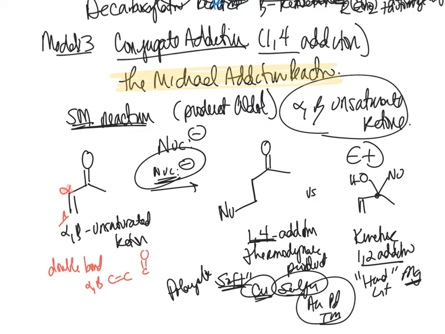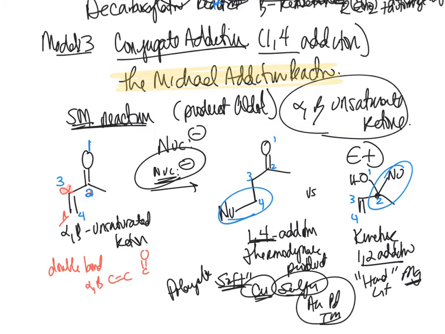The atoms involved in conjugate addition are numbered 1 through 4 as shown in Model 3. What position number does the nucleophile add to form the 1,4? So notice this is numbered 1, 2, 3, 4. And the nucleophile added to the 4 position. What position does the nucleophile add to form the 1,2? So 1, 2, 3, 4, and the nucleophile added to the 1, 2.